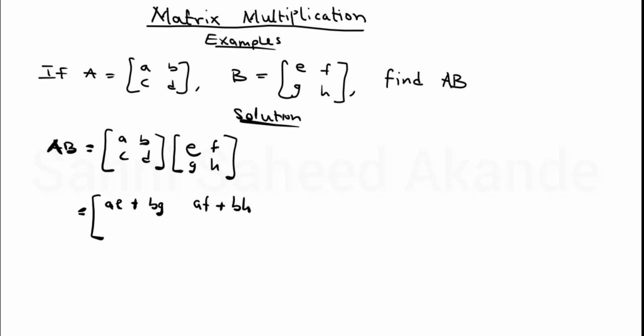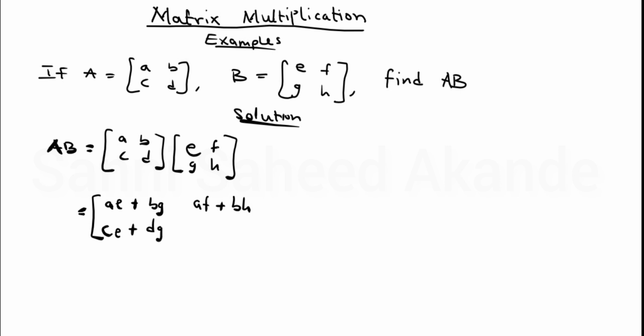Next we are going to pick the second row and use it to multiply the first column here. Understood? So C times E will give us CE, then plus D times G will give us DG.